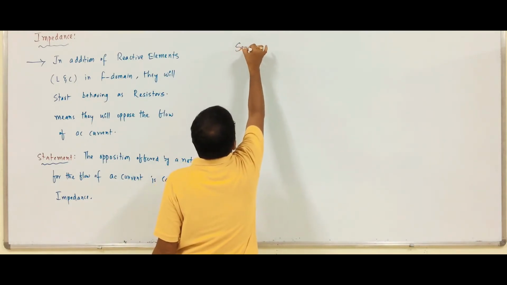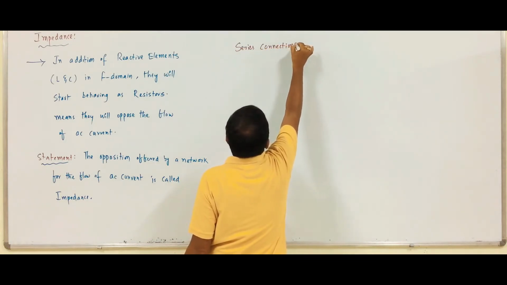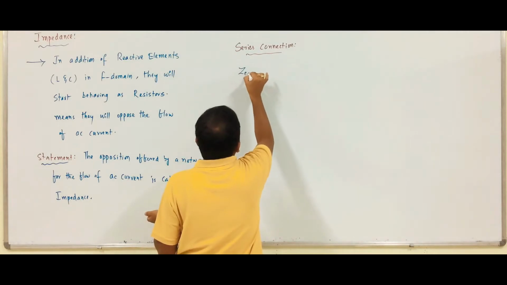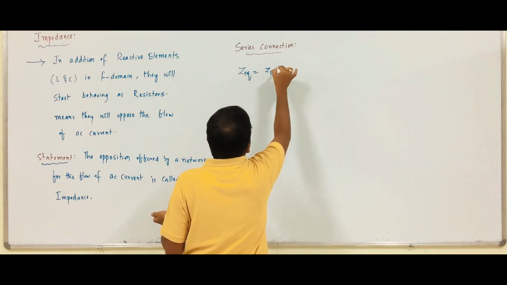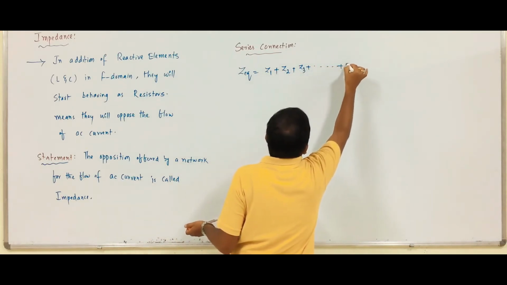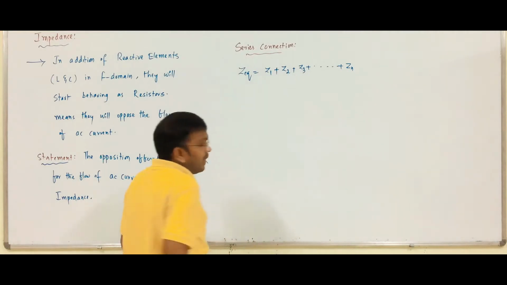Then we will discuss the series combination. If, for example, n number of impedances are connected in series, then Z equivalent is equal to Z1 plus Z2 plus Z3 and so on up to Zn. So, it is the summation of individual impedances.